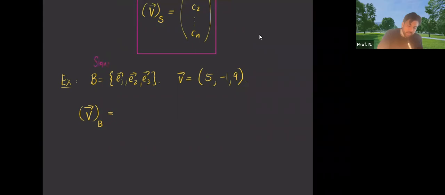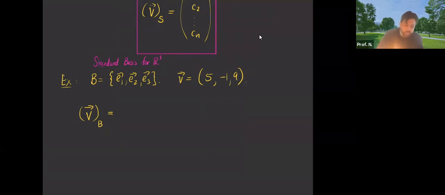This is the standard basis for R3. Because it's the standard basis, it's the easy one. This is the nice basis. This is where things just fall into place.